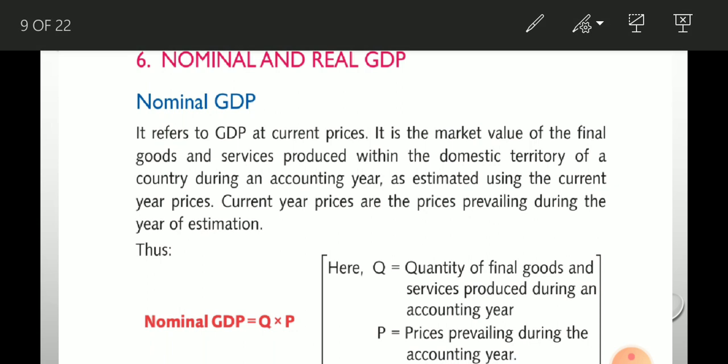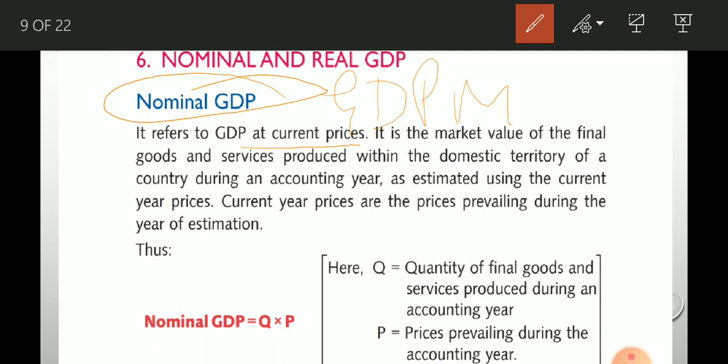What is nominal GDP? When we calculate GDP at current price, it is known as nominal GDP. You can write the definition of GDP MP and just add the line, estimated using current year price. So there are two ways to write the meaning of nominal GDP.